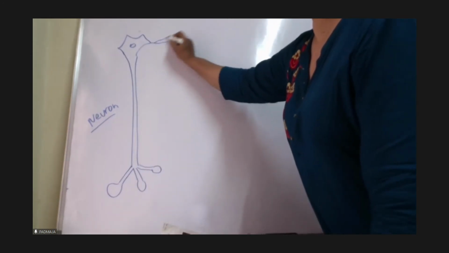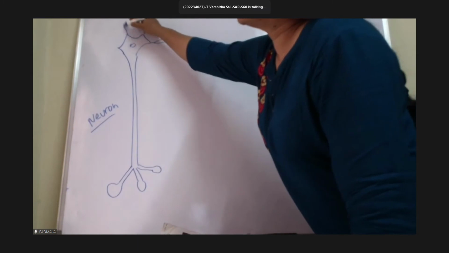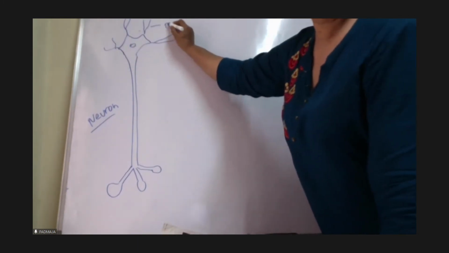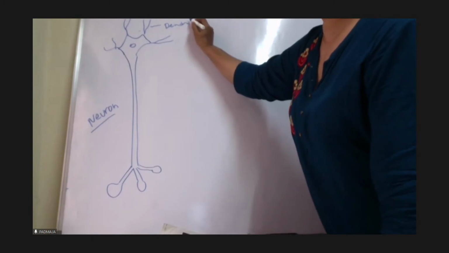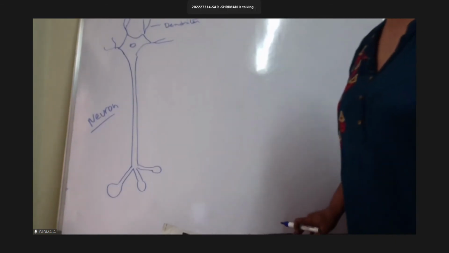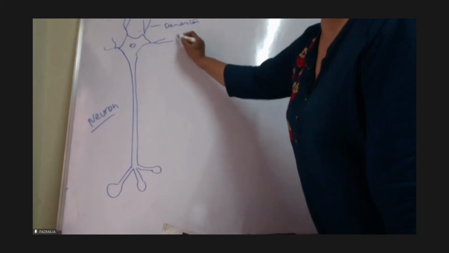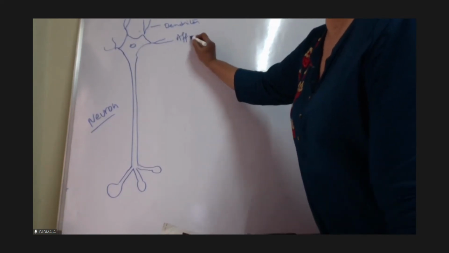What are these processes called? Dendrites. And what is another name for dendrites? Afferent processes.